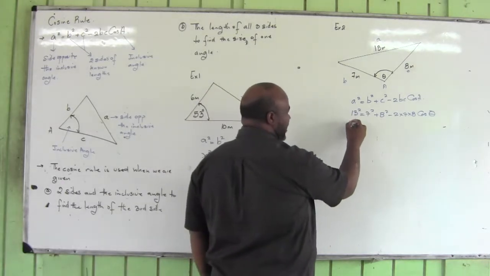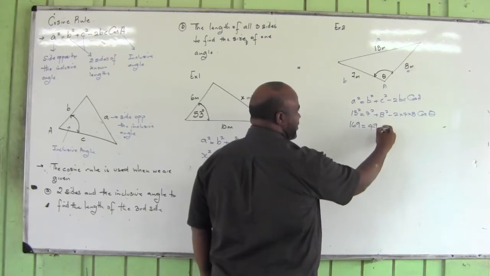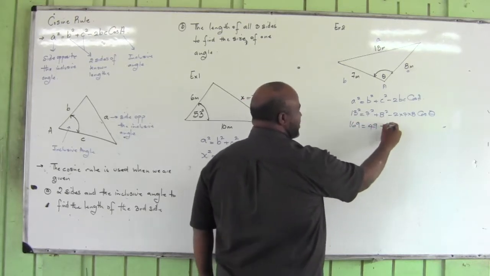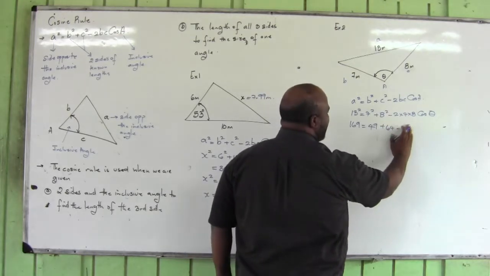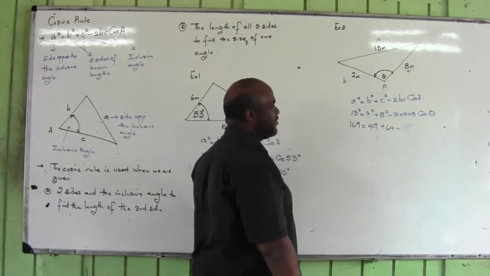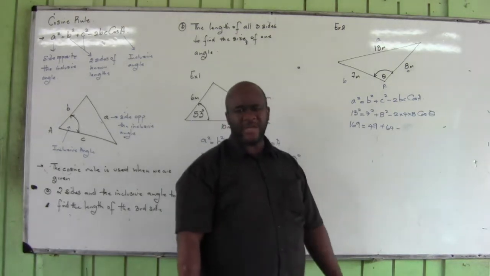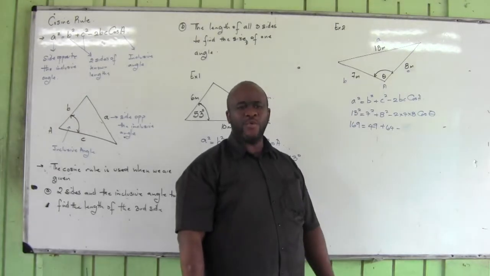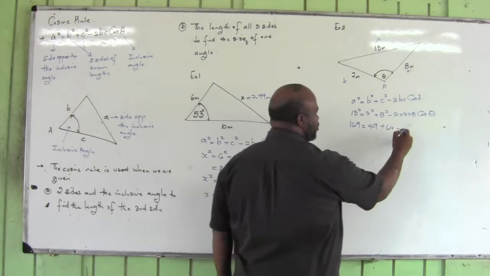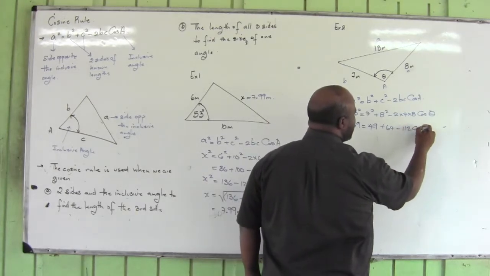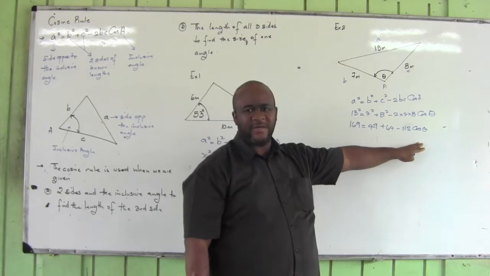13 squared is 169. 7 squared is 49, plus 64, minus 2 times 7 times 8, which is 112. 112 cosine theta. Remember, what I want to find is theta.